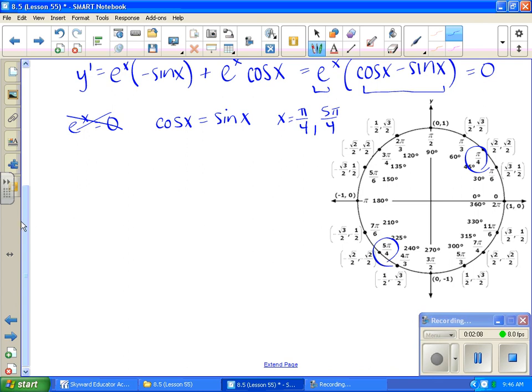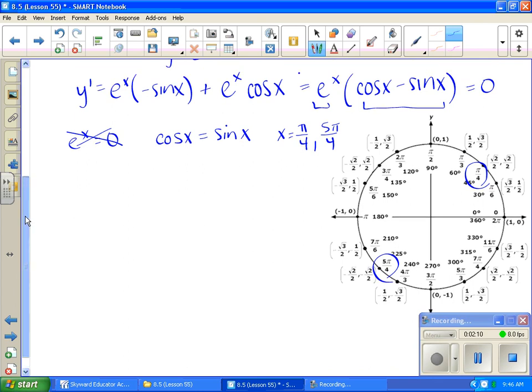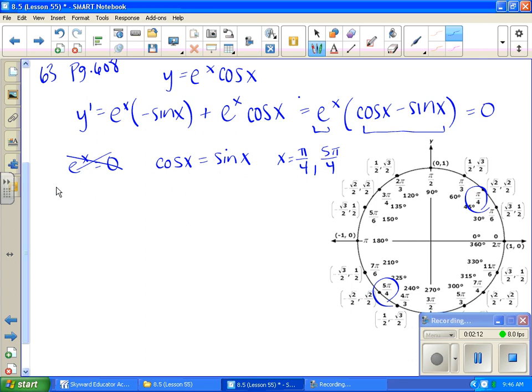Okay, then how do I find whether they're maxes or mins? Second derivative, so let's find the second derivative. And you can either use this here or you can use this here. It doesn't really matter. So let's just use this piece. So if I take the derivative, I'll leave e to the x alone. And I'm going to take the derivative of this piece.